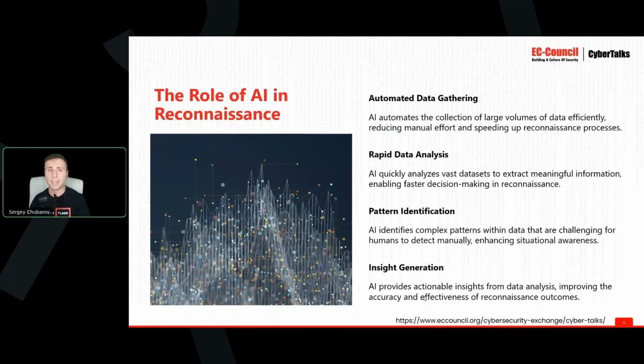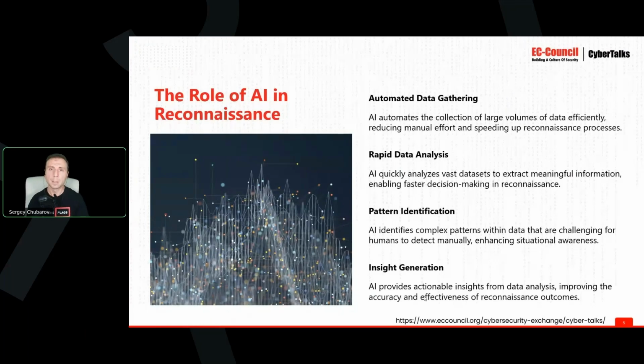First of all, it may automate the collection of large volumes of data efficiently, reducing manual effort and speeding up the reconnaissance process. Since we have a lot of data everywhere, manual information gathering might be quite time consuming.